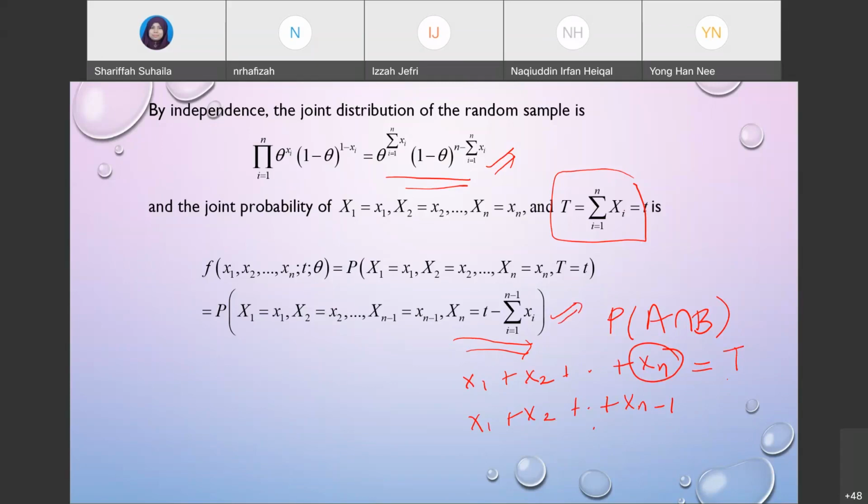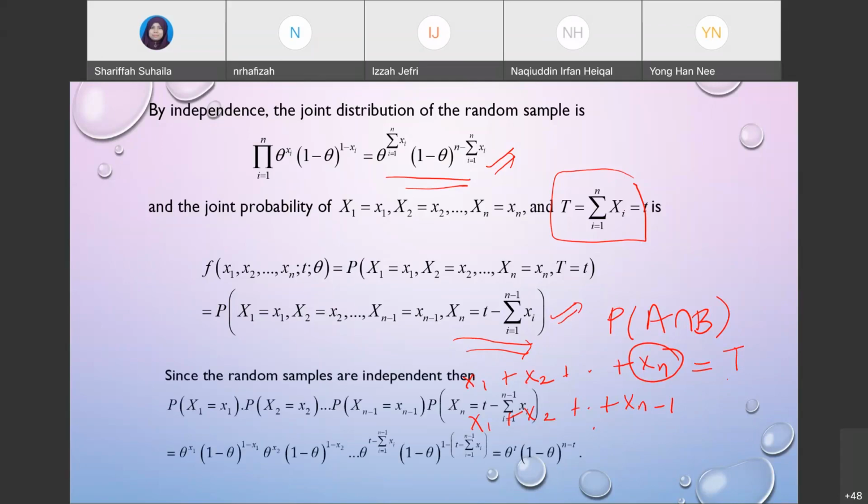Okay, then since the random samples are independent, you can multiply the probability. So kita dah ada this one: theta to the power x1, theta to the power x2, and then theta to the power t. T kita dah tahu summation Xi, minus summation Xi from i equals 1 up to n minus 1, and so on. Bila kita simplify kan, kamu akan dapat this term. Sebab ini summation i equals 1 up to n minus 1, kita dah cancel out ni.